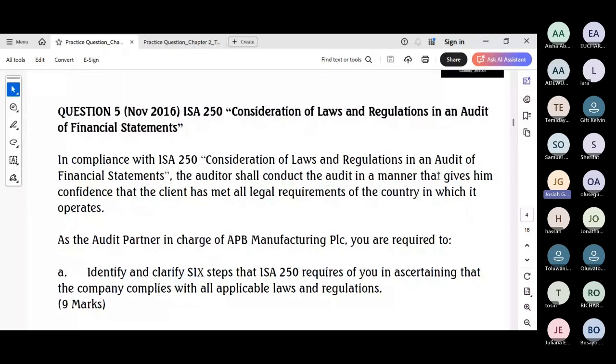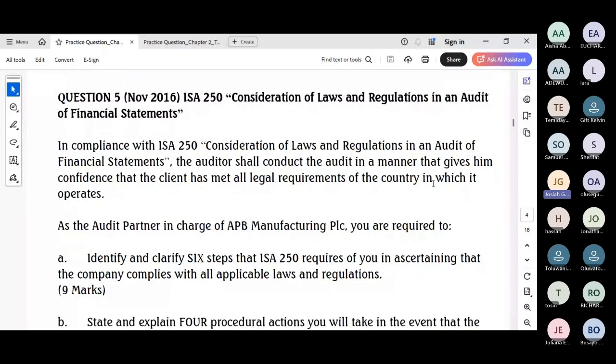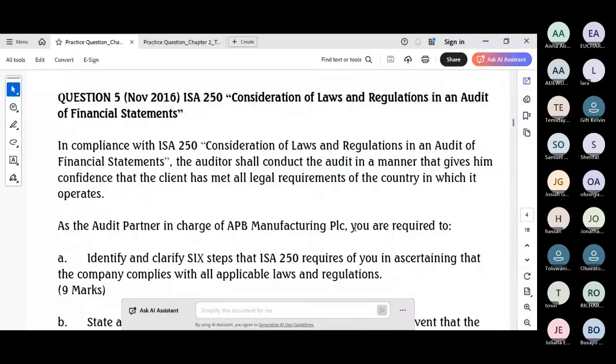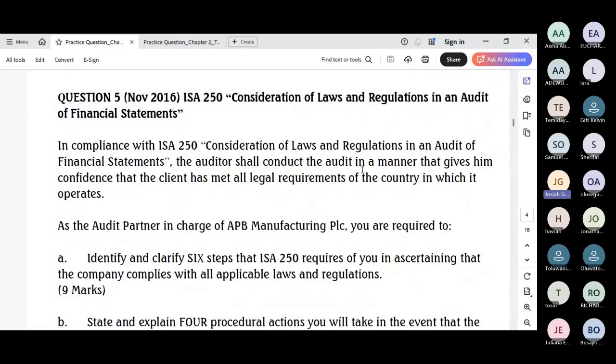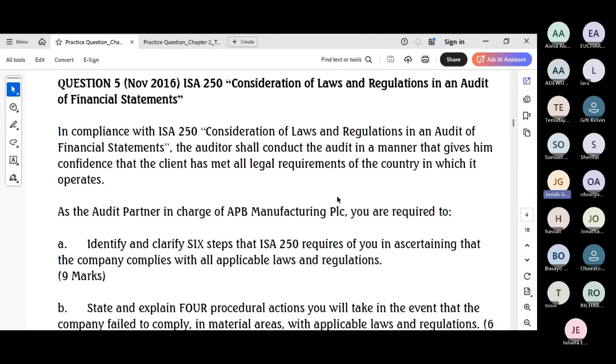Consideration of laws and regulations in an audit of financial statement. The question reads, in compliance with ISA 250, consideration of laws and regulations in an audit of financial statements, the auditor shall conduct the audit in a manner that gives him confidence that the client has met all legal requirements of the country in which it operates.